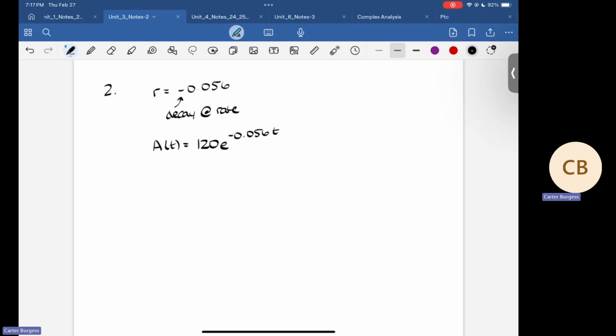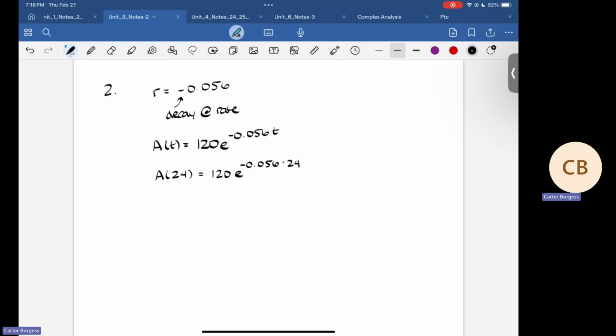In this case, we want to know what's going on after 2 years. Because this is a monthly decay rate, the number of months in 2 years is actually going to be 24 months. And so this is going to be 120 times e to the negative 0.056 times 24.